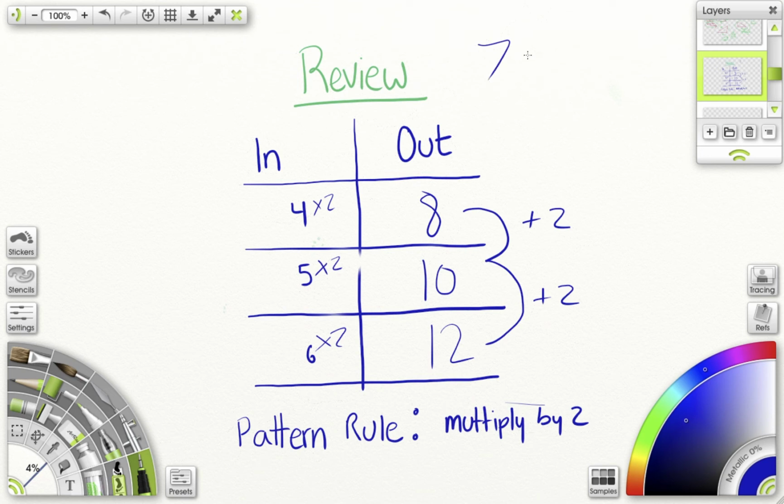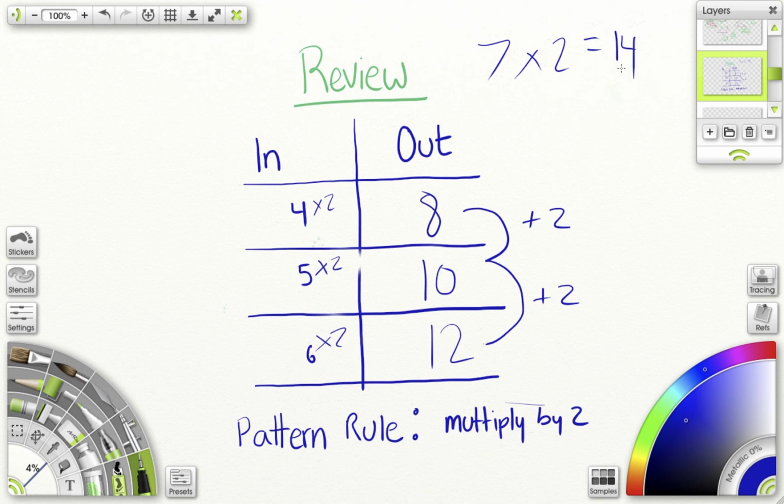I could just multiply it by 2, and that would give me my next number. If I extended this chart and gave another row, I would already know what it is because I just have to use my rule. I just take my input number, which the next one would be 7, and I multiply it by 2, which equals 14. And it goes up from 12 by 2, so 12 plus 2 equals 14.